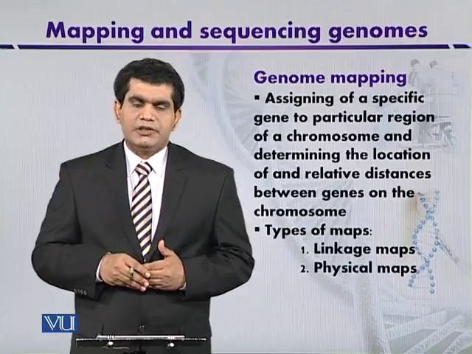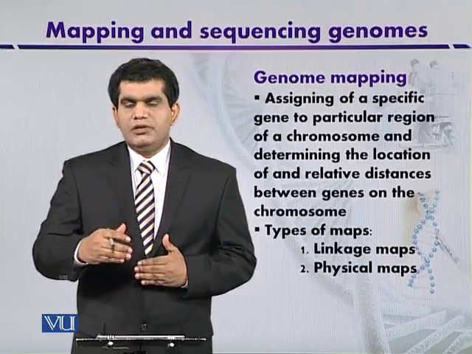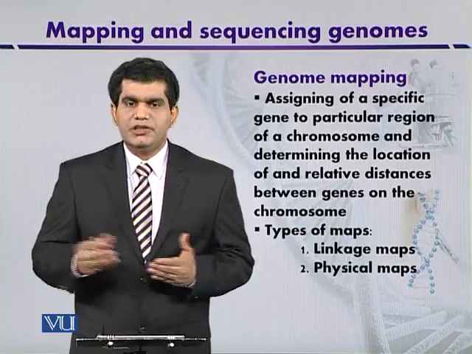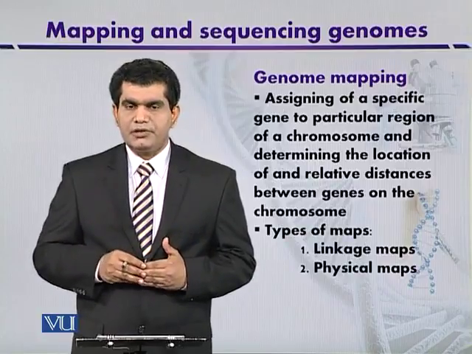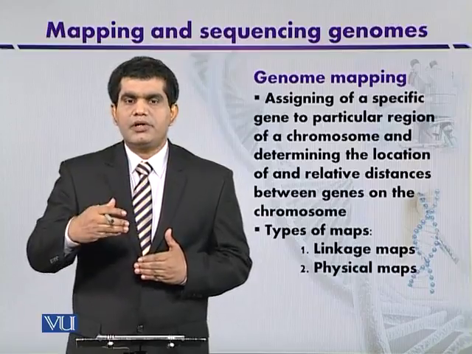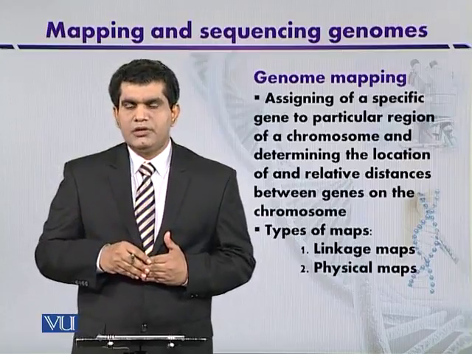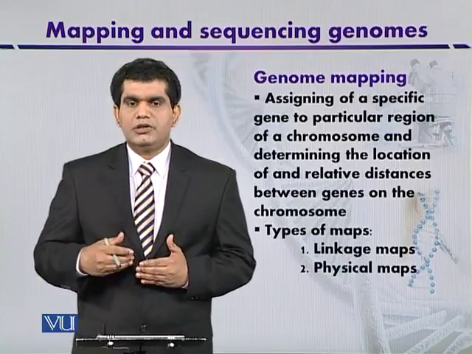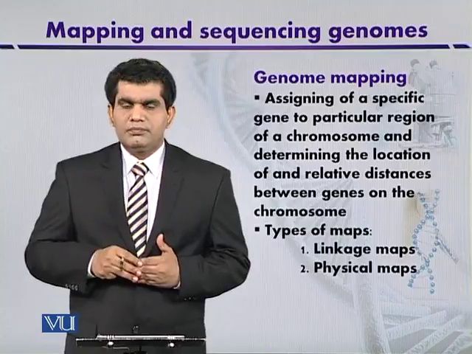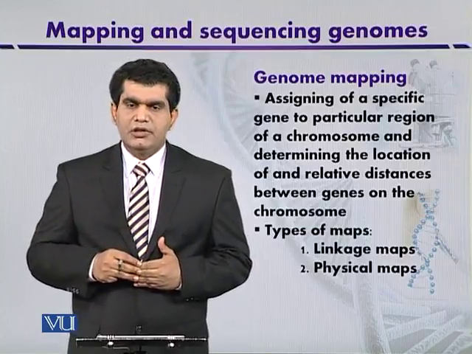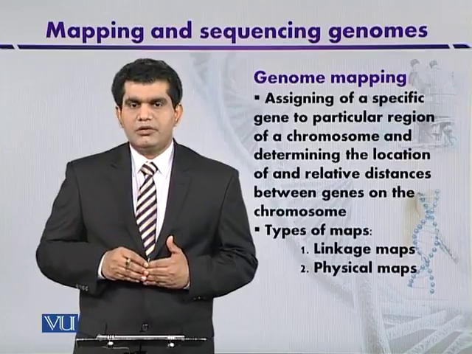Another additional point is that if we know the sequence of the genome, then what is the need of mapping? मिसाल के तौर पर आजकल बहुत सारे ऑर्गेनिजम्स का जो जीनोम है उसकी जो सीक्वेंस है वो कंप्लीट हो चुका है, including our human genome, genome of some model plants like Arabidopsis, some prokaryotic microbes.